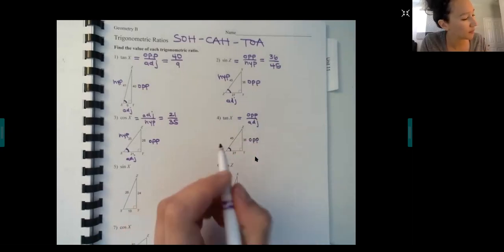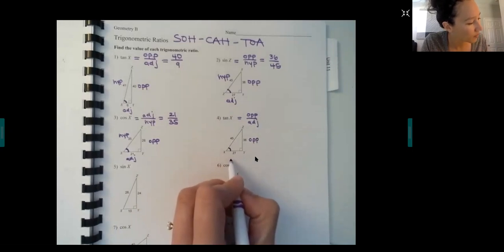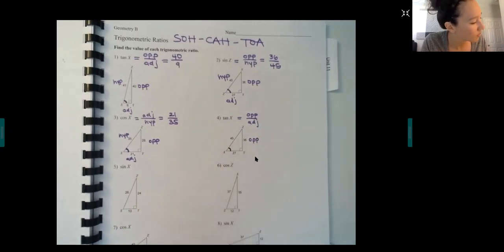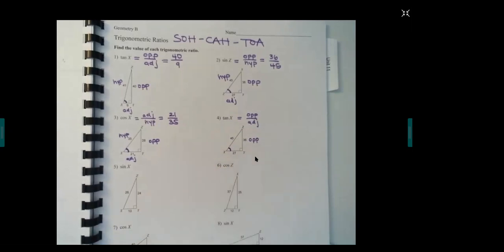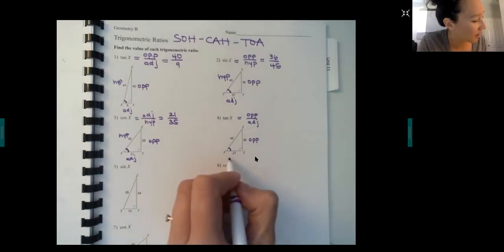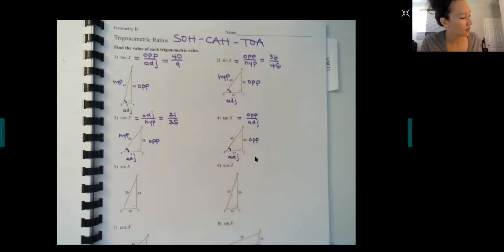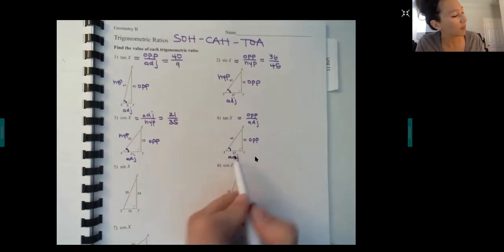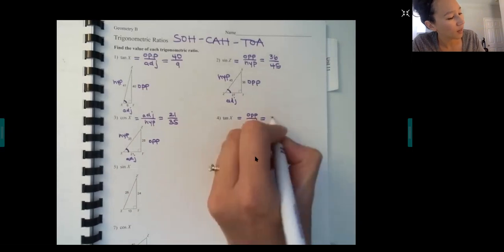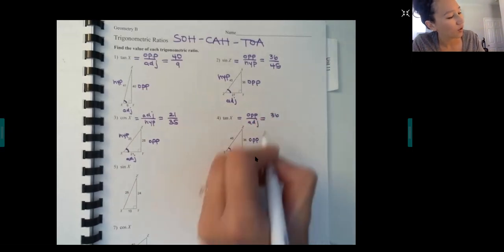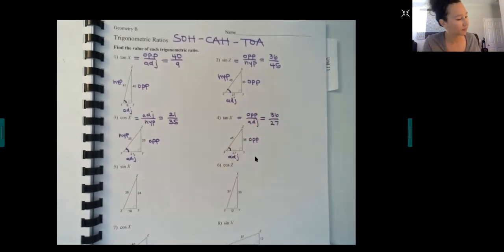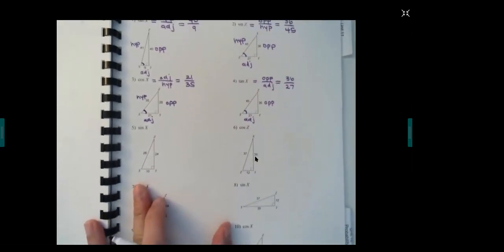And the adjacent is 12. 27? Oh yeah, my fault. I was looking at the wrong problem. You're looking at 6. So we divide the opposite by the adjacent, and we get 36 over 27. All right, very good. Thank you, Jaden.